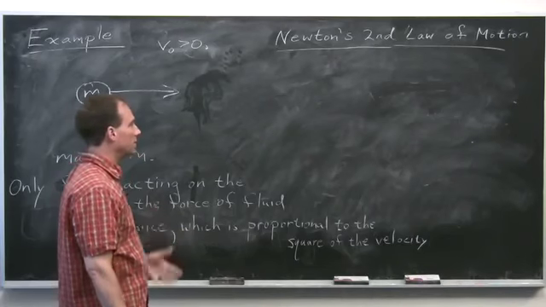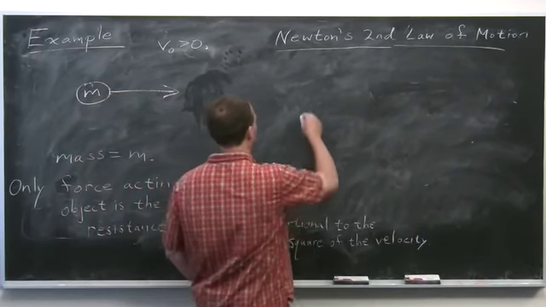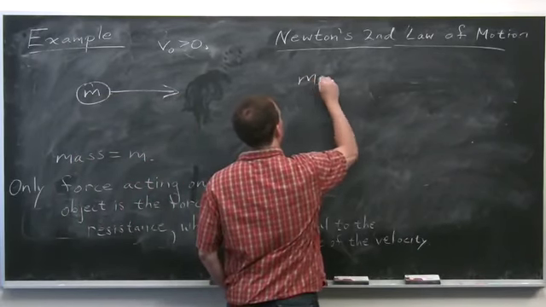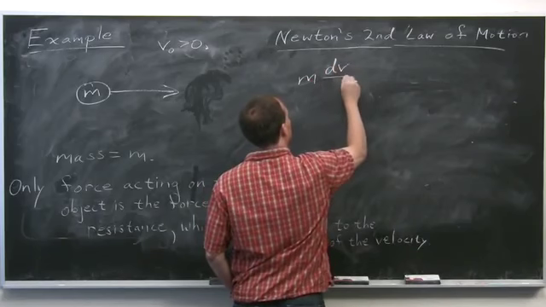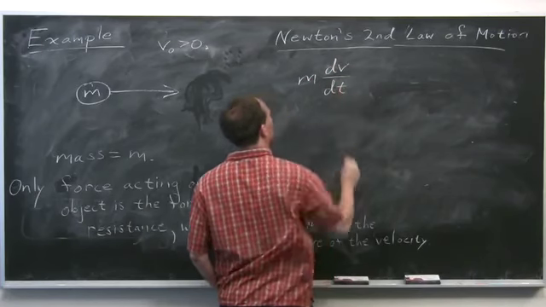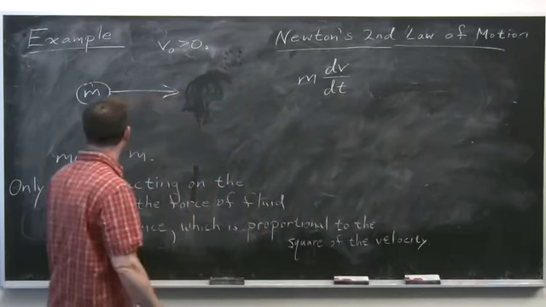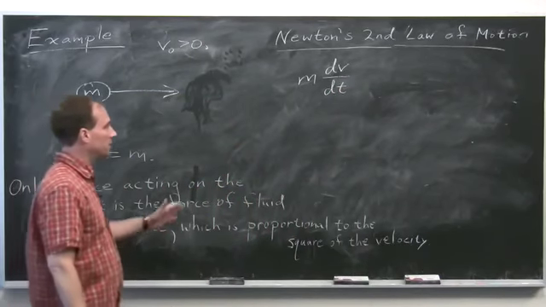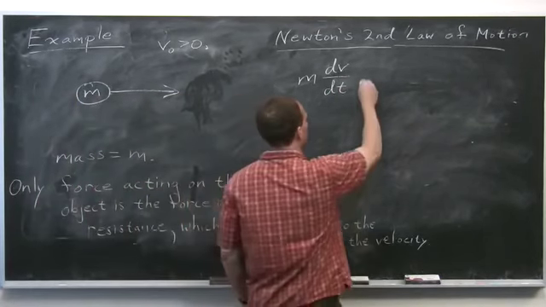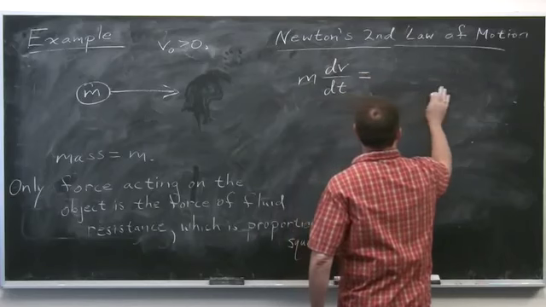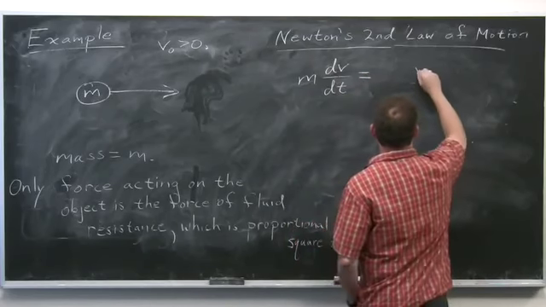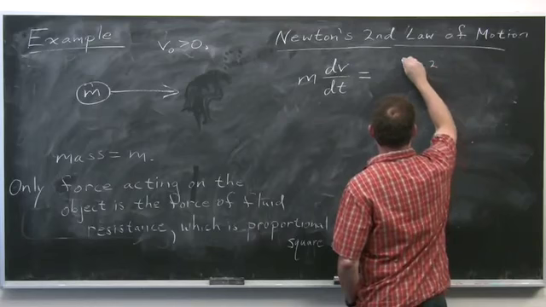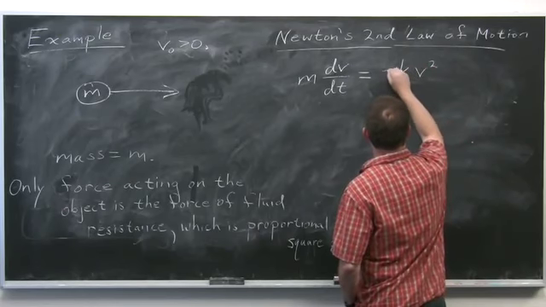So it's just the mass times the acceleration. The acceleration is the derivative of the velocity. So the mass times the acceleration is the sum of the forces, but there's only one force, the force of resistance, which is proportional to v squared. That means it equals a constant times v squared.